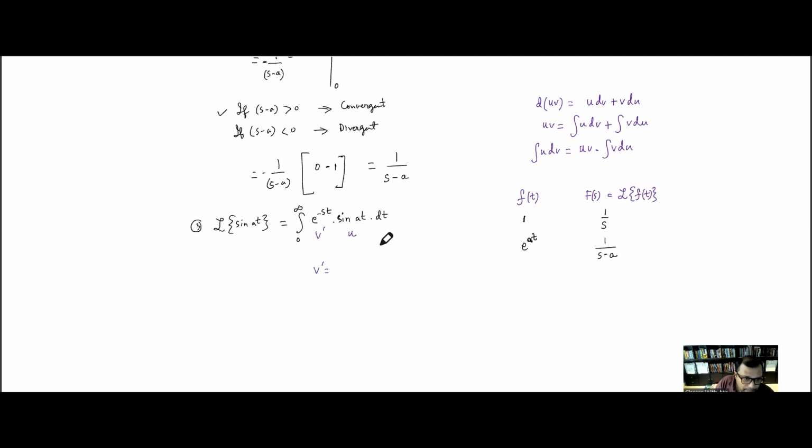V prime is e to the power minus st. So what is v? It is minus 1 by s e to the power minus st, and u is sine at. So what is u prime? U prime will be a cos at.